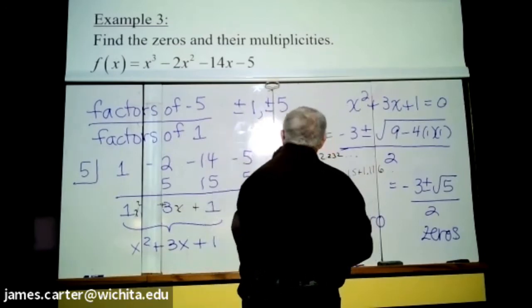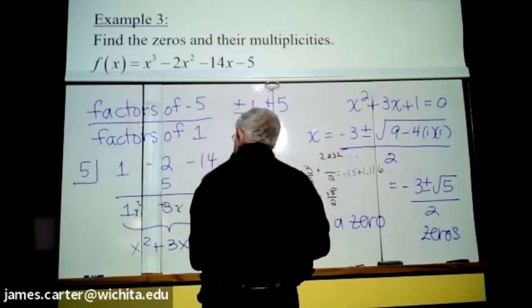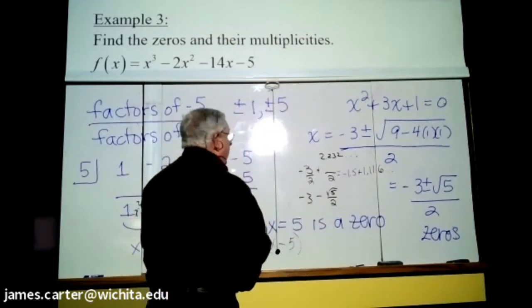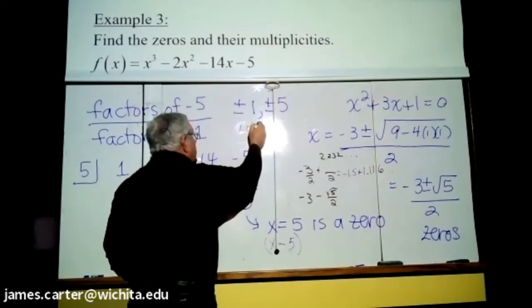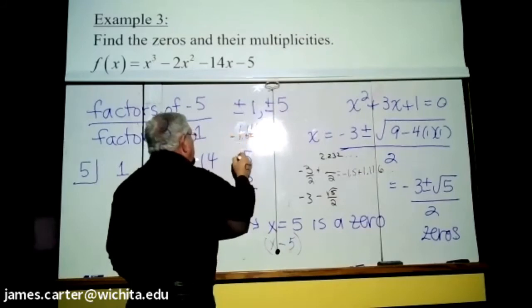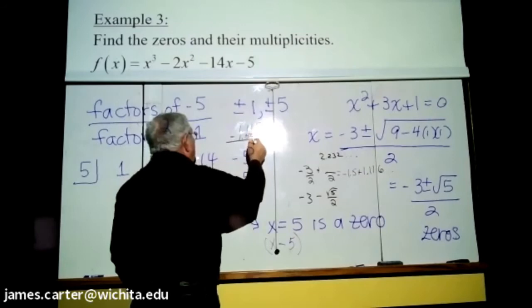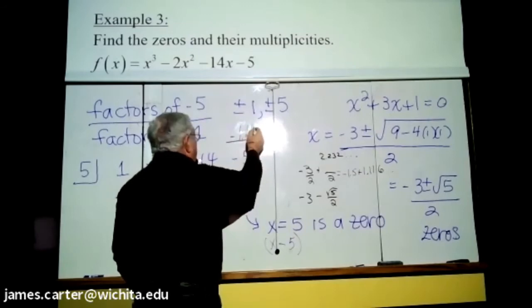So what we would have to do, and I'm running out of space, is 1.116 and 1.500. This one is negative. Okay, so you subtract the little one from the big one.